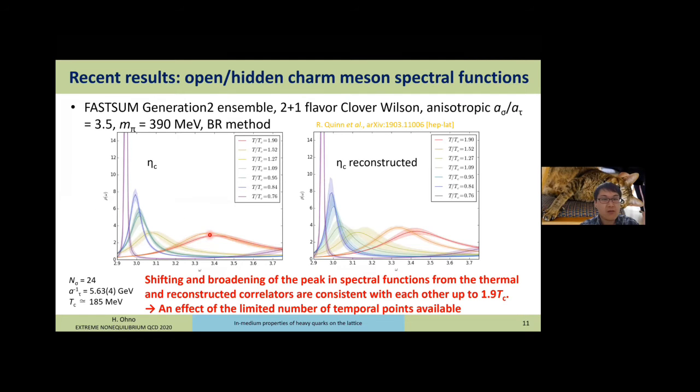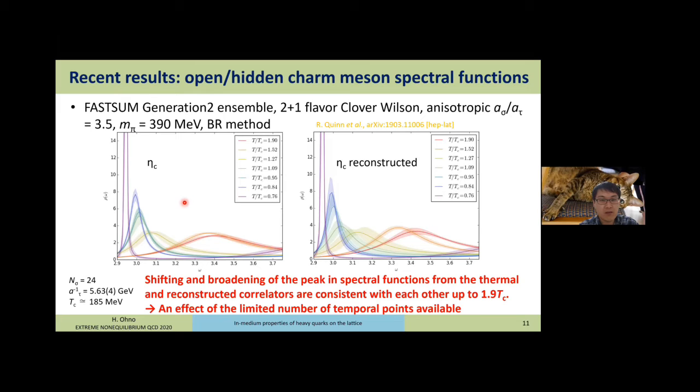The same group also showed an updated charmonium result using full QCD configurations. Here is the eta_c spectral function, which is for the pseudo-scalar charmonium.